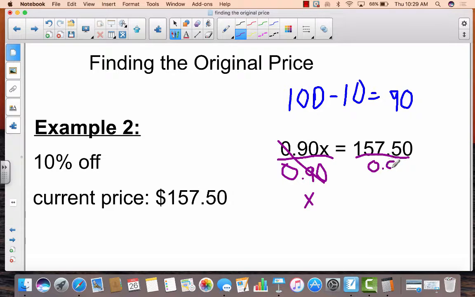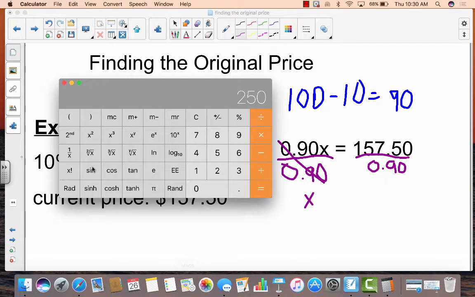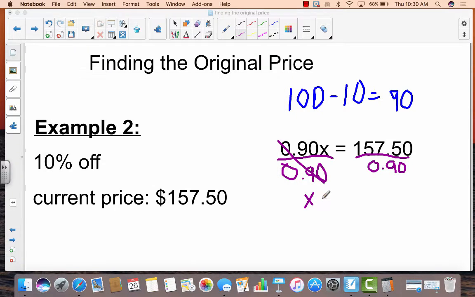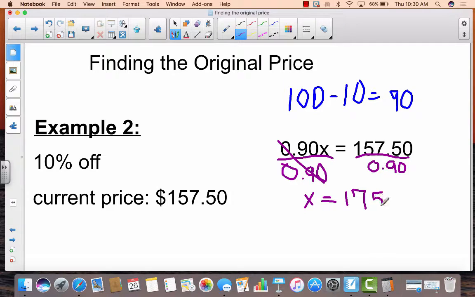Whatever I get as my answer here is going to represent the original price of this item. So if I put this into my calculator, 157.50 divided by 0.90, that tells me the original price was $175. So a $175 item that's on sale for 10% off would come out to be $157.50.